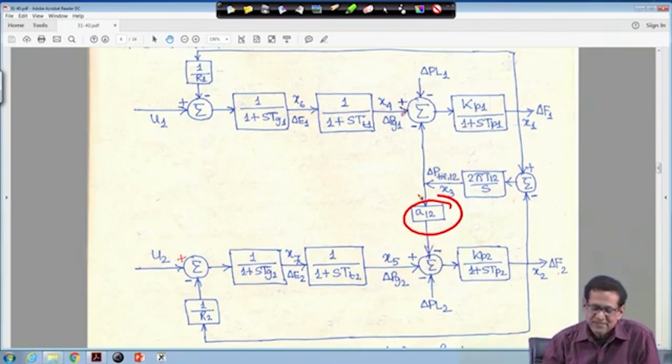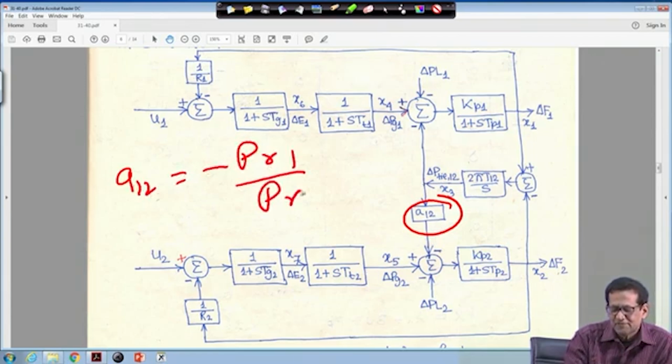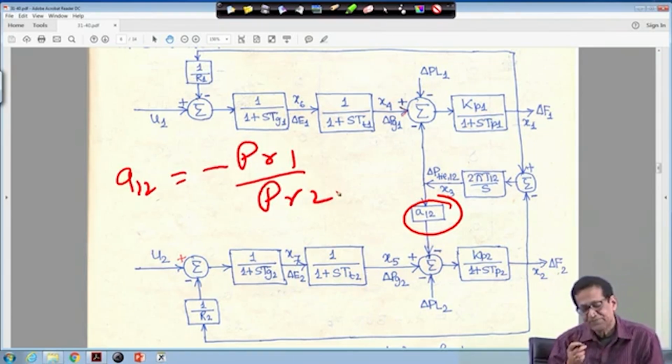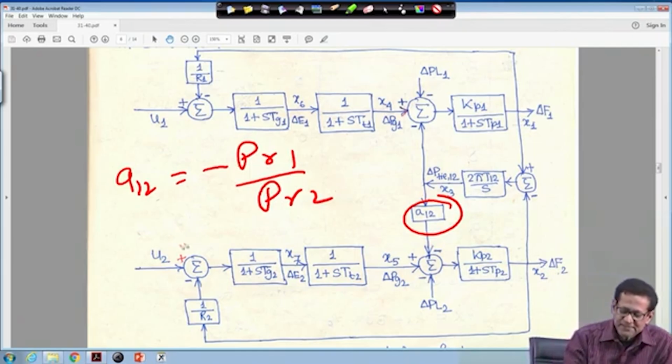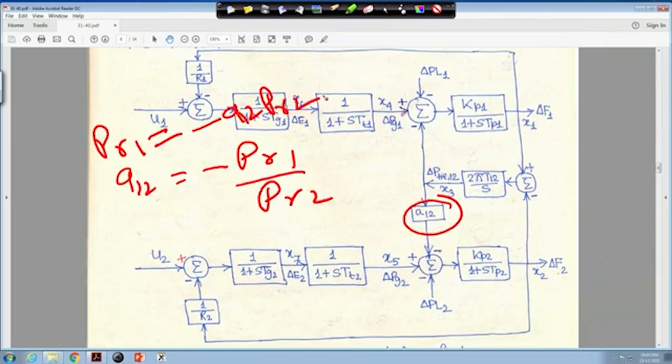We know that A12 is equal to minus PR1 upon PR2. That means PR1 is equal to minus A12 into PR2.